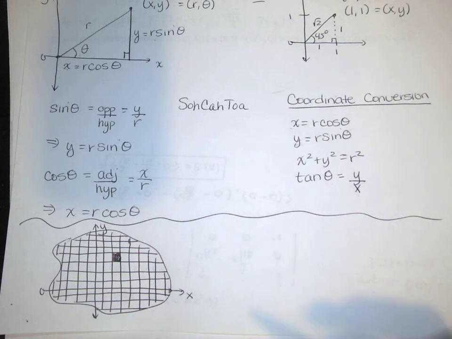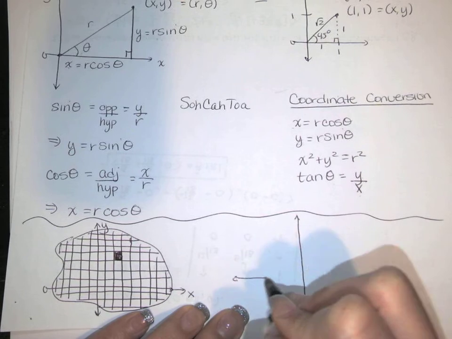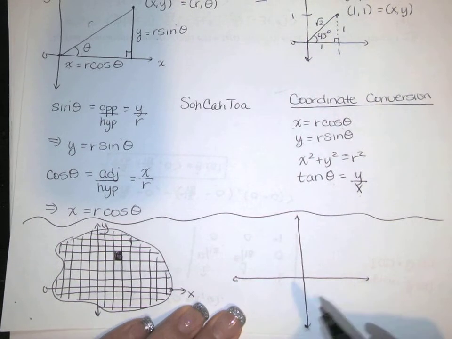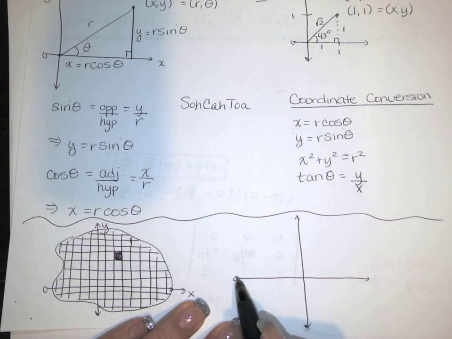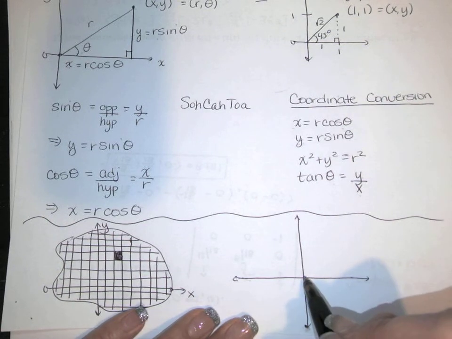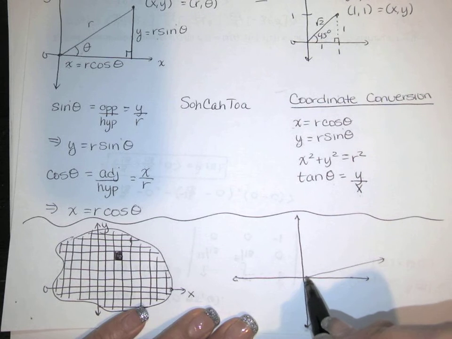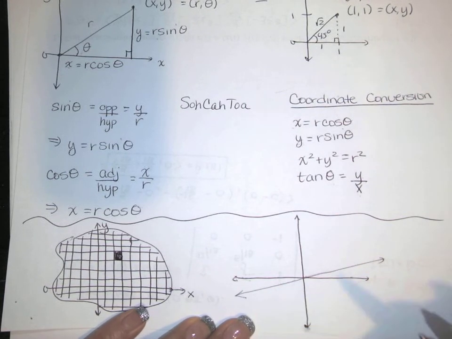Now if I try to do something similar in polar coordinates, it looks a little different. Because remember, if theta equals a constant, like let's say theta equals 0, that's going to give us this axis. If theta equals pi over 12, we're going to get an angle of pi over 12. If r is positive, we go this way. If r is negative, we go this way.